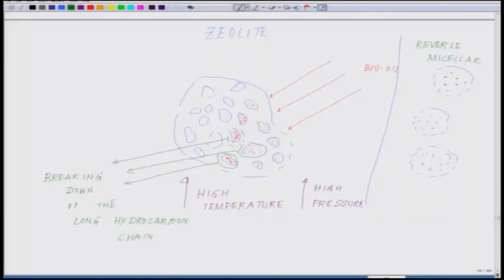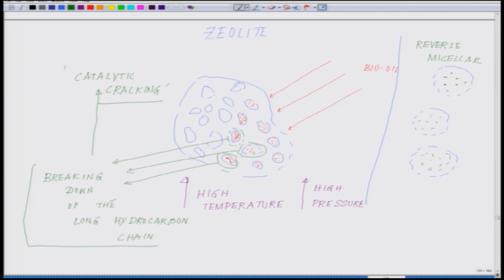So, this whole process which leads to the breaking down of the long hydrocarbon chain in these zeolite structures is what we call catalytic cracking. This was one of the tailpieces of the previous class where I was talking about catalytic cracking.